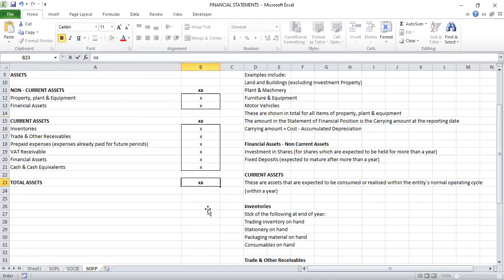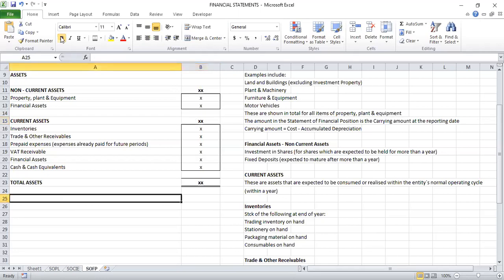Our total assets is our total of the non-current assets plus the current assets added together. Those are the ones that give us the total assets. Right. Any questions on the assets? Happy. Right. Then we go to the equity and liabilities.